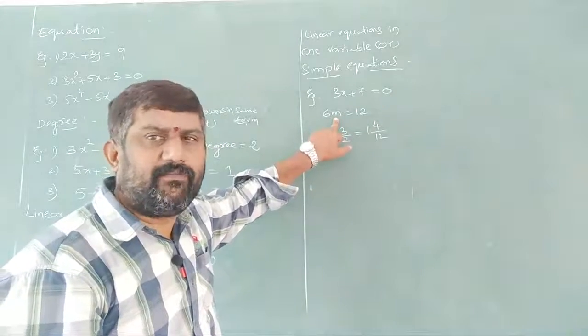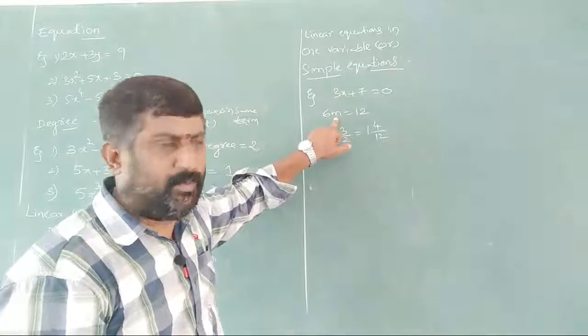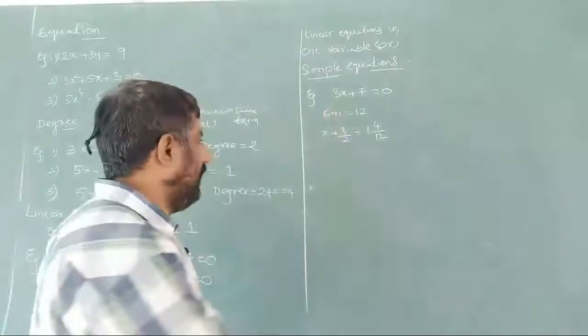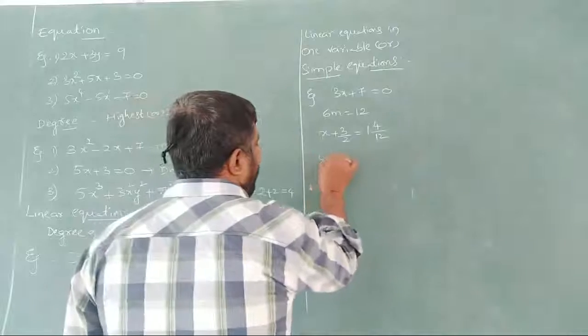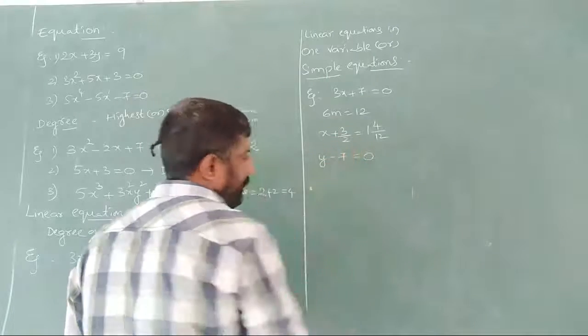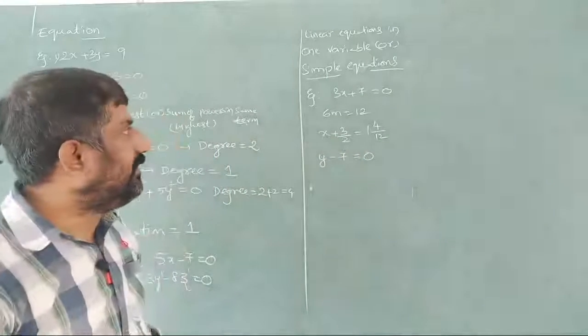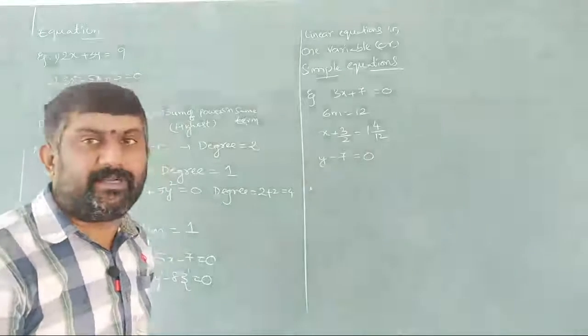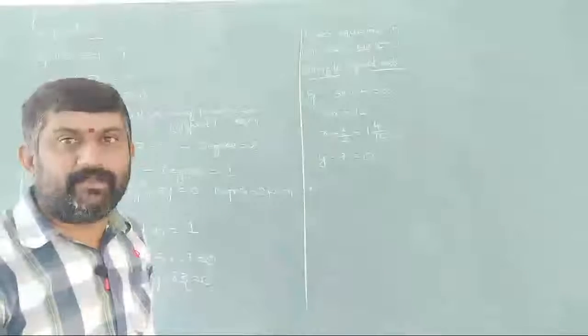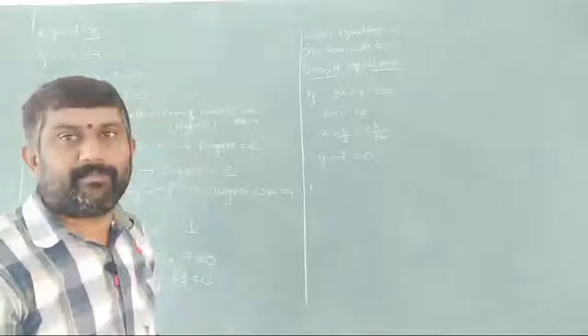You can take any letters, no problem. And one more, y minus 7 equals 0. So these are all simple equations, nothing but linear equations in one variable.